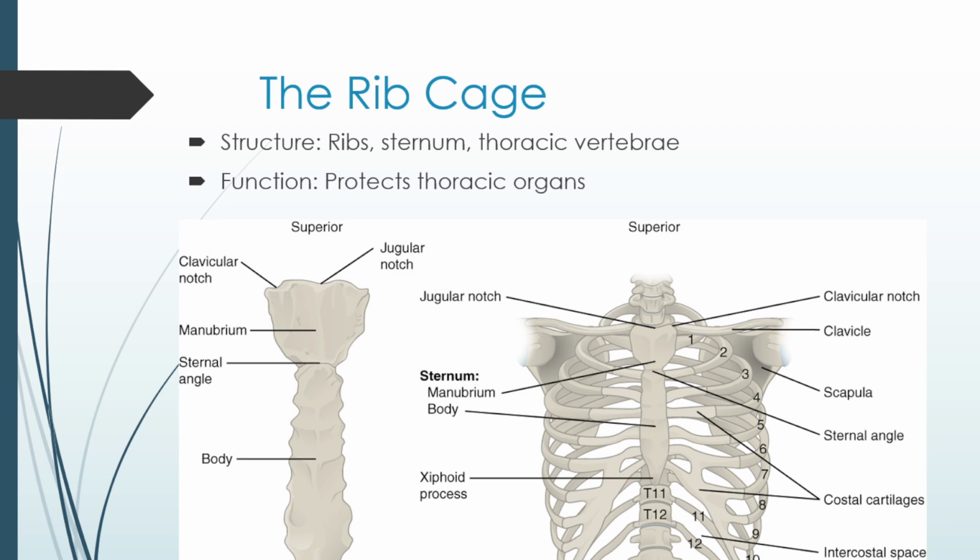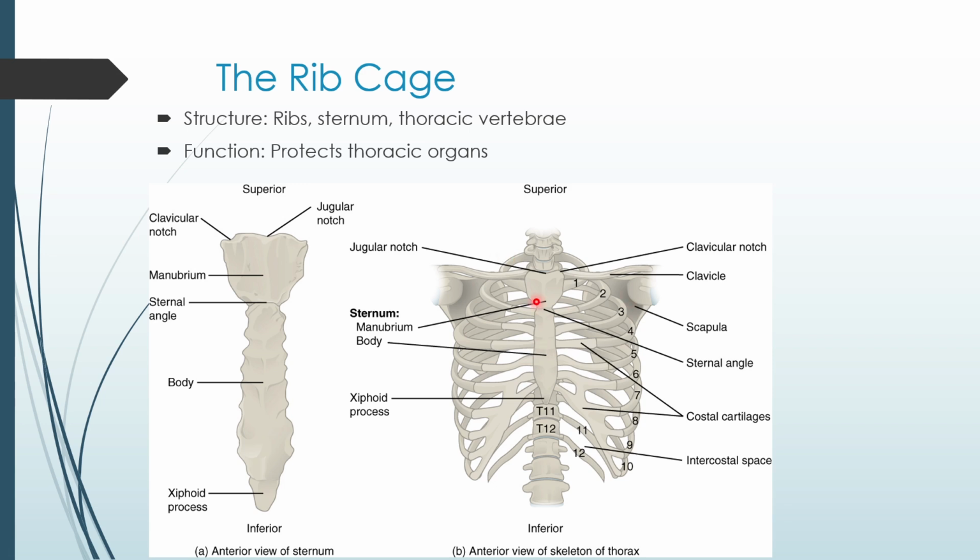As you can see here, in this region you are unable to find the vertebral column, because it comes all the way through these, and you can see here this is the vertebral column. At the back of this rib cage, you can see T1, T11, T12, everything. So it's a continuity.